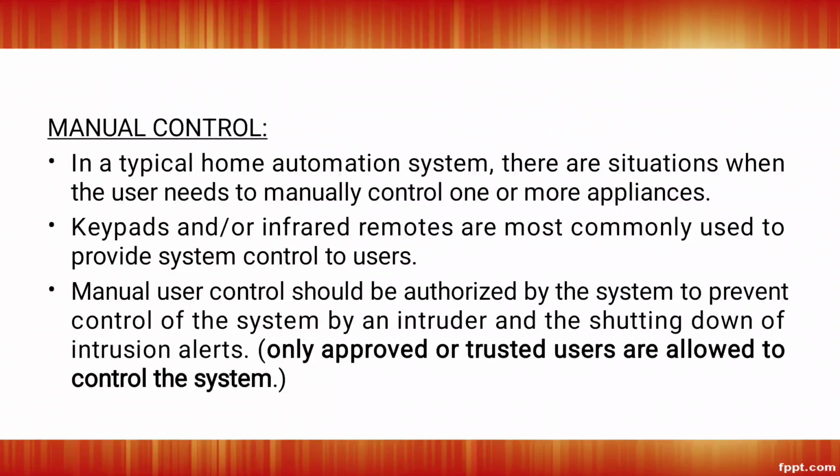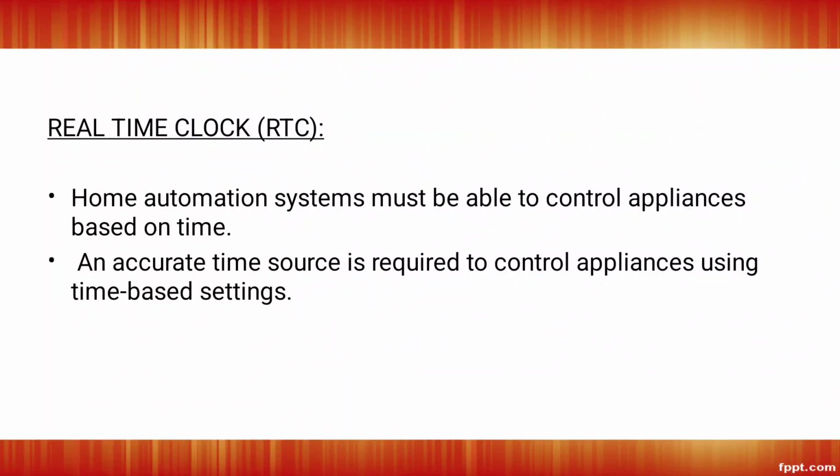Next is manual control. In a home automation system, there are situations when the user needs to manually control some appliances. Keypads and infrared remotes are most commonly used to provide system control to users. Next is real-time clock. The home automation system must be able to control appliances based on time requirements, so we use that real-time clock.